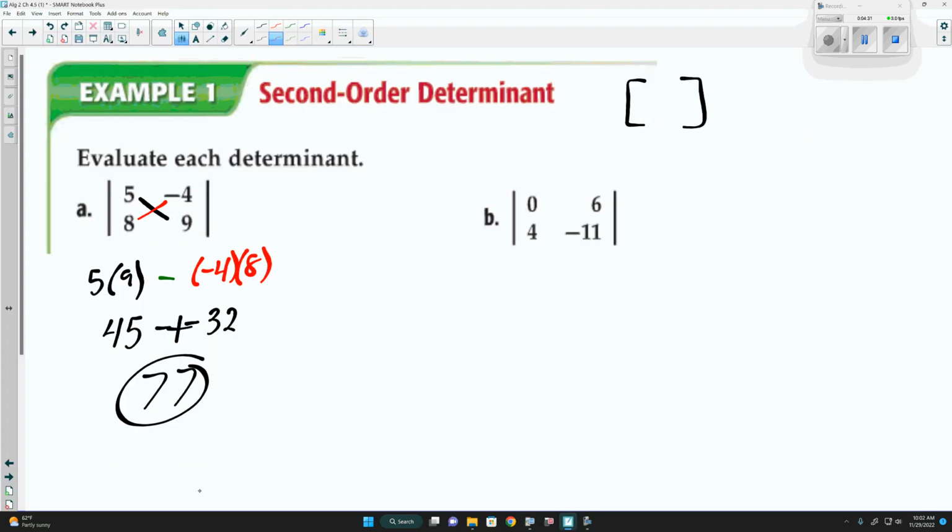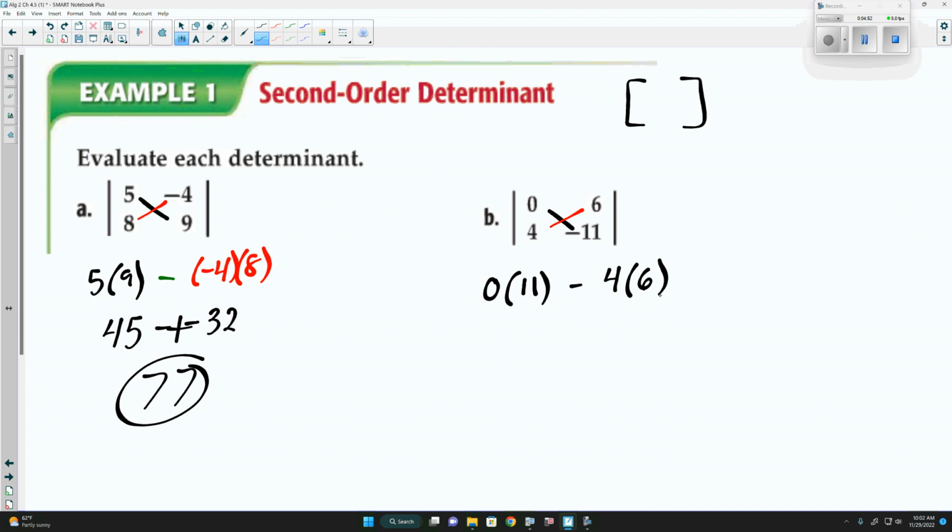So if we look at the next one here, if we do this by hand, we'll have 0 times 11 minus 4 times 6.